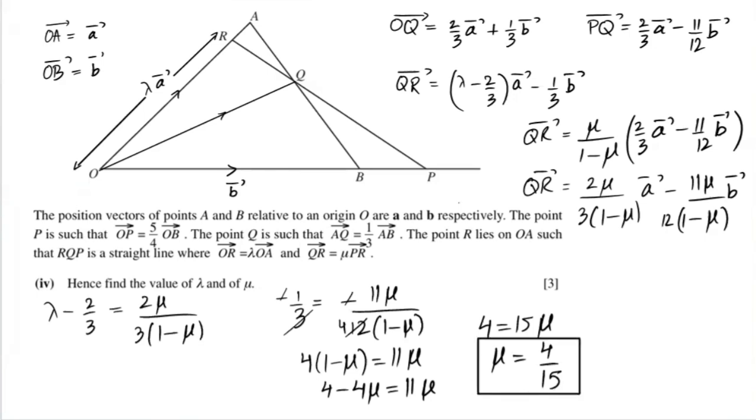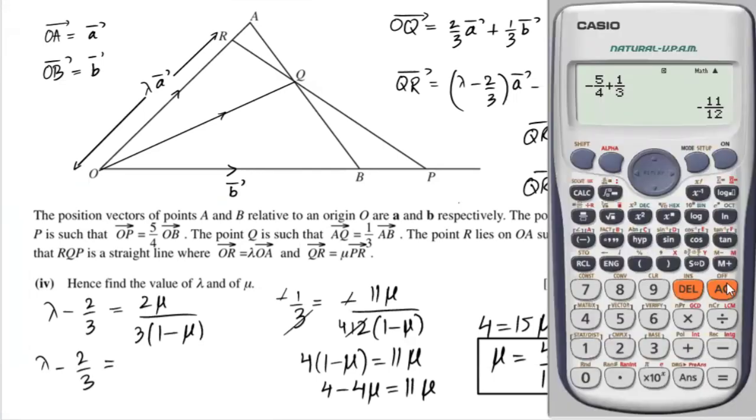Let's use it to get the value of lambda. So now lambda minus 2/3 is going to be, you can use these values in the calculator. That's fine. I can use 4 over 15, since this is a calculator paper, and 3 times 1 minus 4 divided by 15.